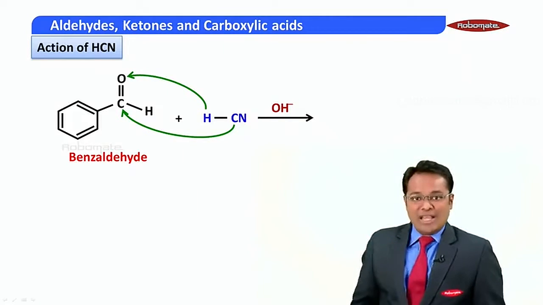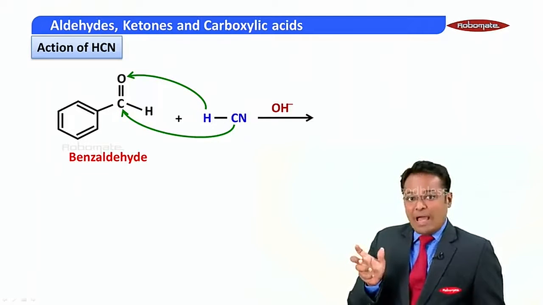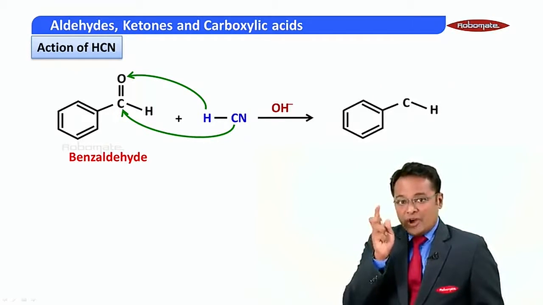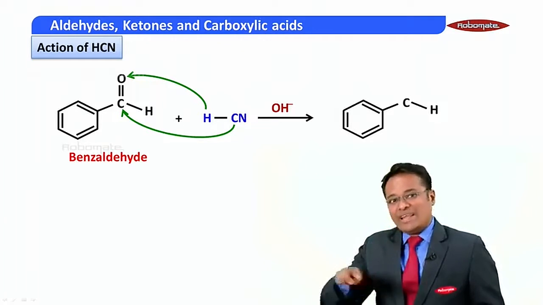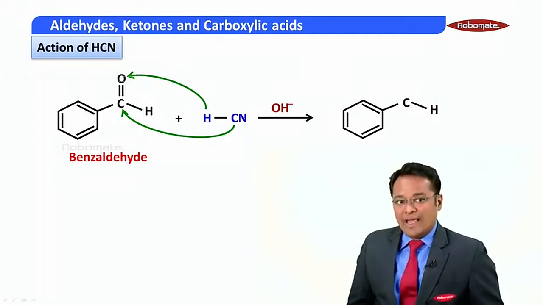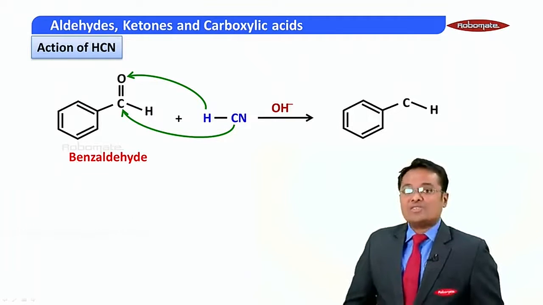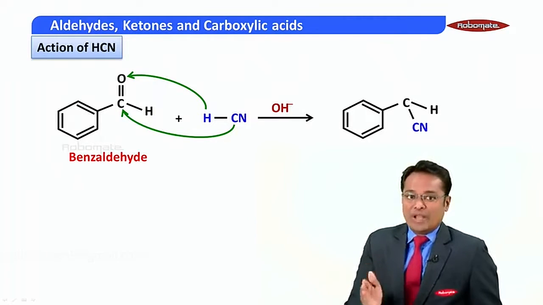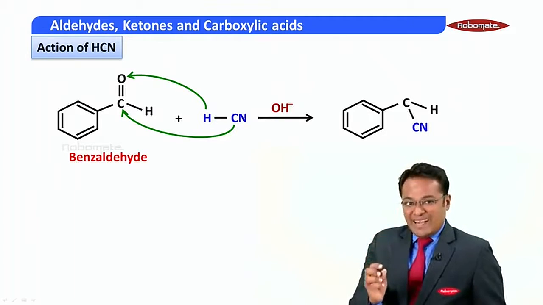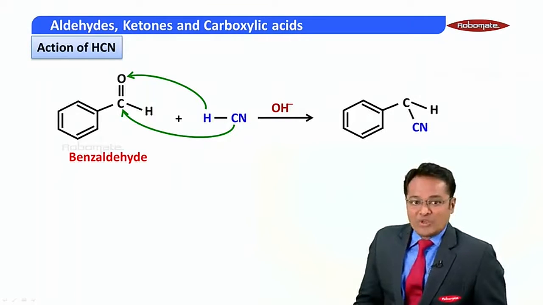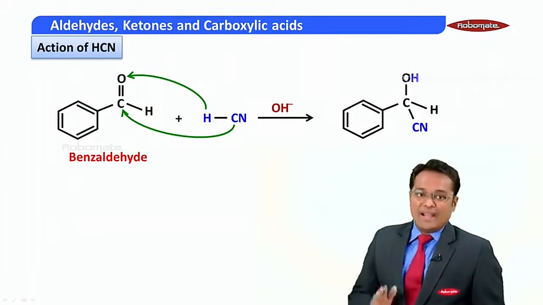So I'll write the same molecule as it is. And what will happen to that? Your cyanide will get attached to the carbonyl carbon, and hence your hydrogen will get attached to the oxygen atom. So what are you going to get over here? Your benzaldehyde having one OH group and one cyanide group.